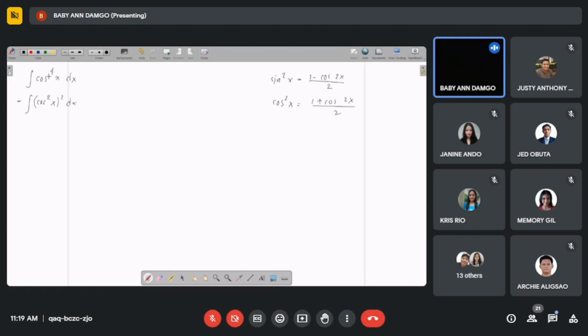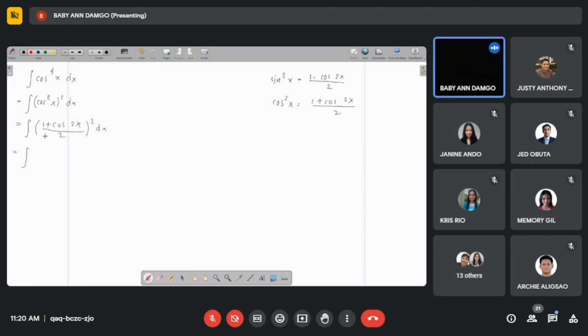Kung 6 ni, so cosine squared x to the power of 3. Kung 8, so cosine squared x to the power of 4. So now we substitute the identity for cosine squared x, which is 1 plus cosine 2x over 2, squared dx.